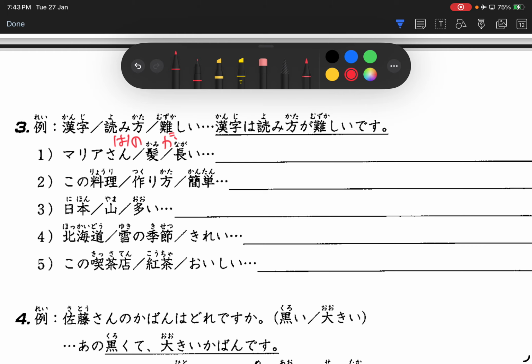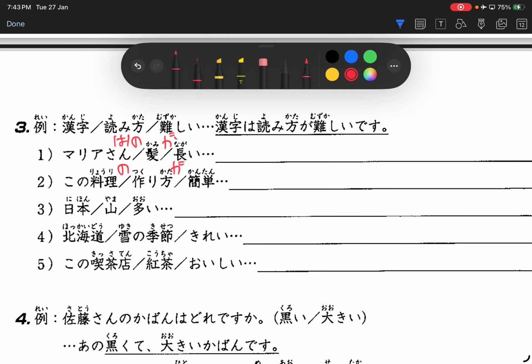Number 2. この料理作り方簡単。この料理の作り方が難しいから簡単に買いました。Yes. What do you mean by 買いました？ So instead of making it, okay, 簡単 but we haven't learned 簡単に買いました. Haven't learned this に yet.